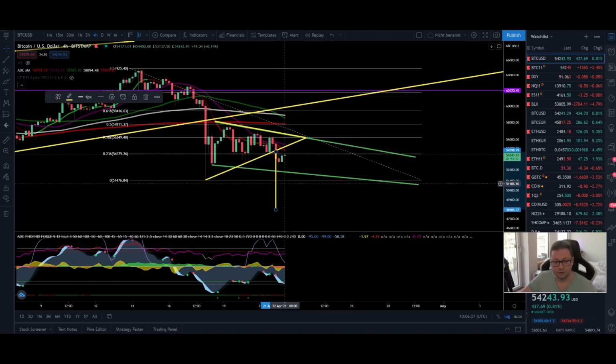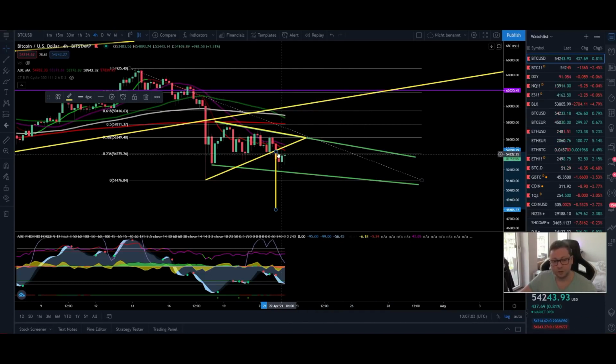If we take out this low that we created here at $51,500, then this breakout is confirmed and we are going down towards 48 to 49k, and this is where I'm expecting a bounce to the upside and a potential clear bottom, to then get a nice breather up towards 62k to potentially retest this new resistance that we have up here.